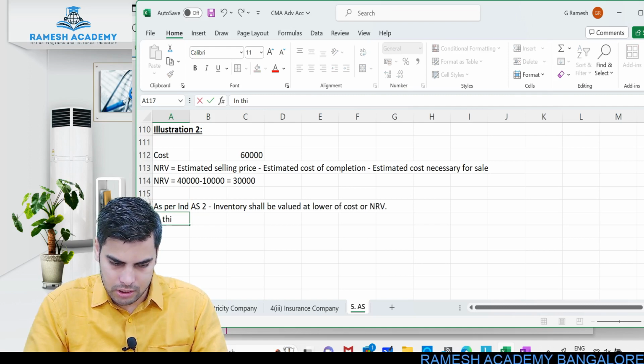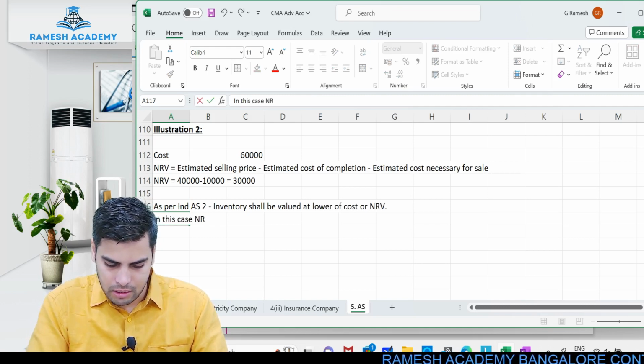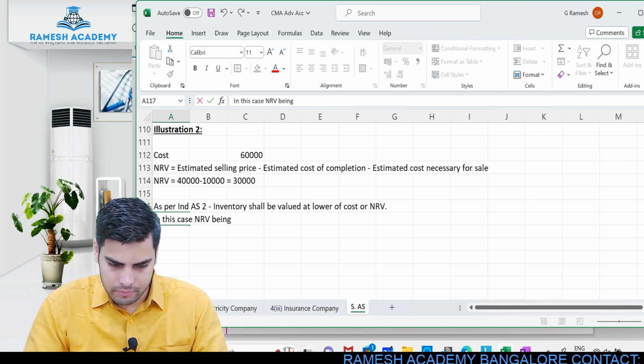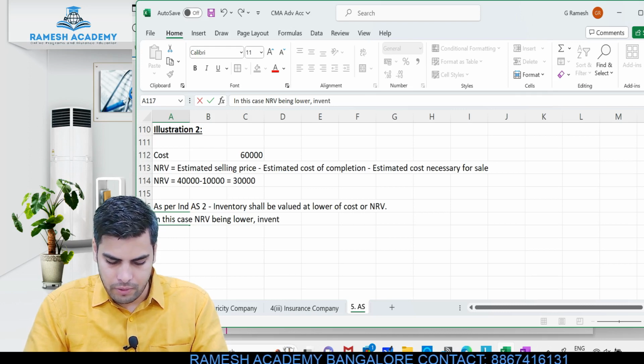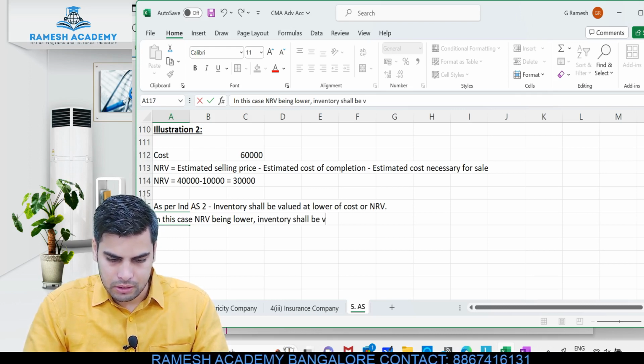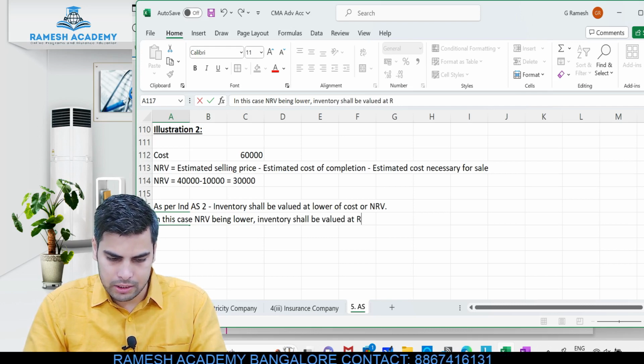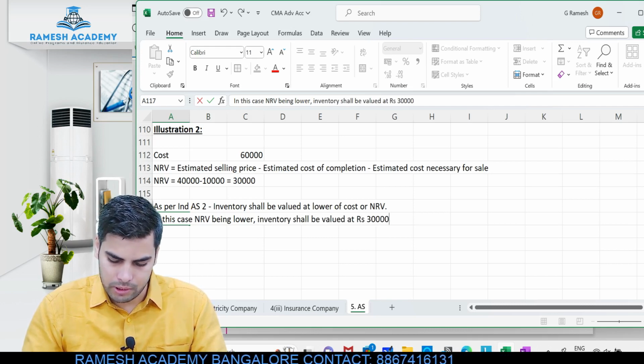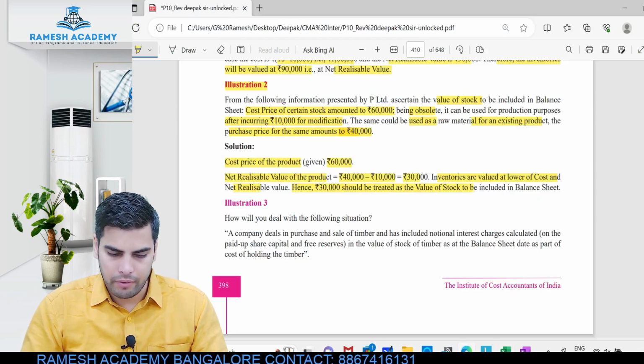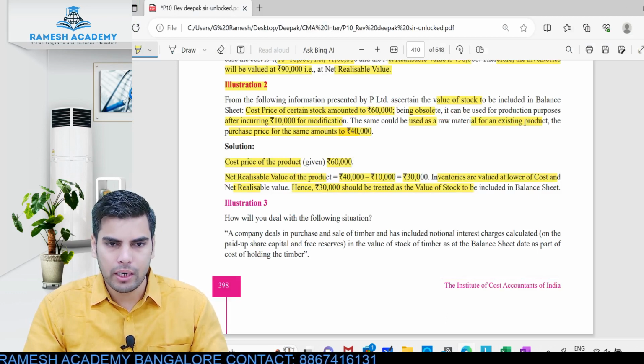In this case, NRV being lower, inventory shall be valued at 30,000 rupees, which is the net realizable value. Is there any doubt, any confusion? All simple illustrations, right?